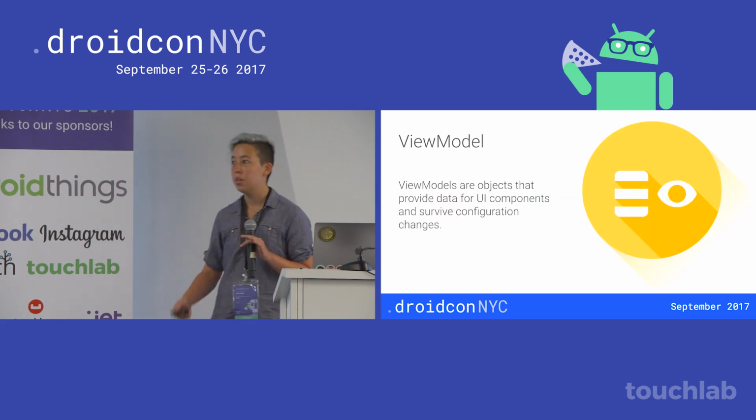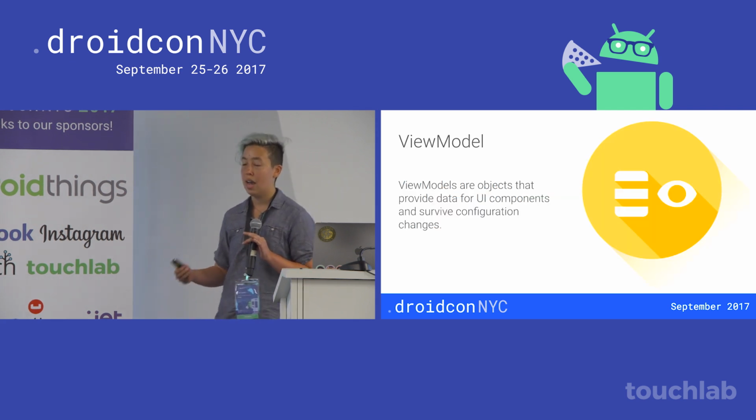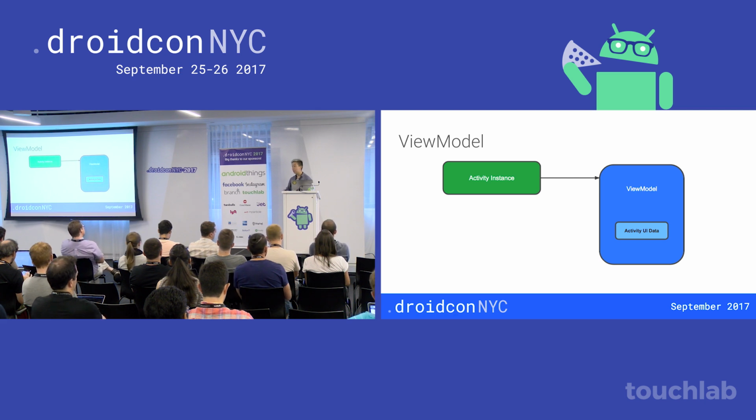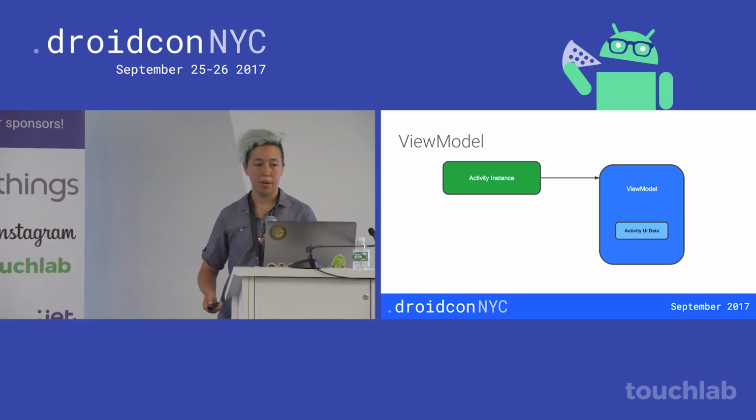Okay, so ViewModels are objects that provide data for UI components, or that's sort of their purpose, and they survive configuration changes. Okay, you can kind of think of a ViewModel like this. The first thing you'll do is you'll take all of that UI data that used to be in your activity and you'll put it into your ViewModel. So the scores were in your activity instance before, you put them in the ViewModel instead.